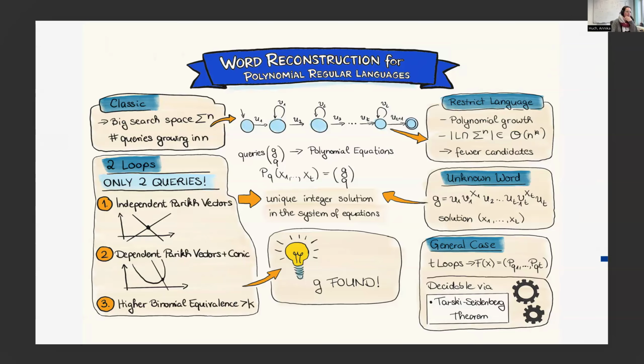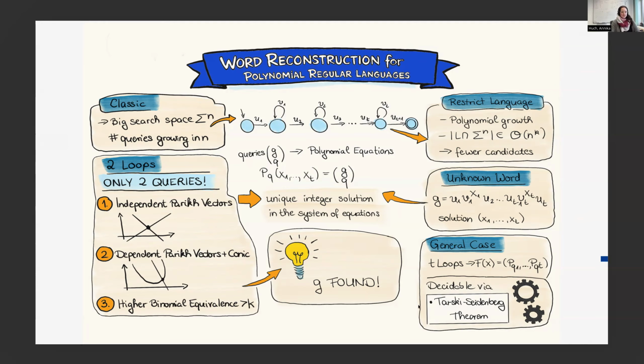Here are pictures for the case of two loops. Either we have two intersecting linear equations, one linear equation intersecting a parabola, or we can query a higher binomial coefficient, a higher binomial equivalence value, such that we still know that we only need two queries.